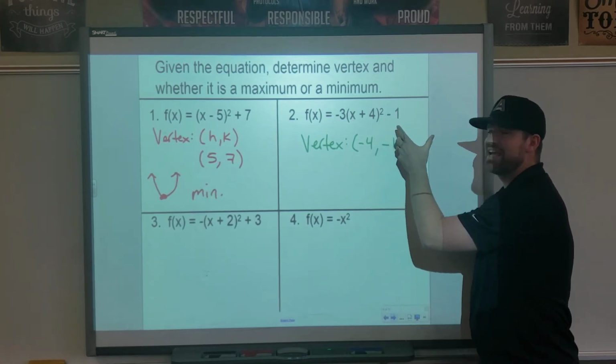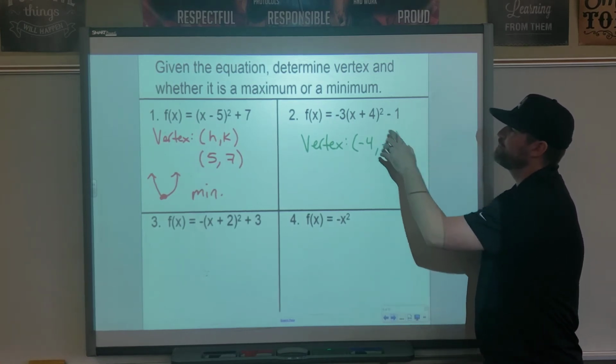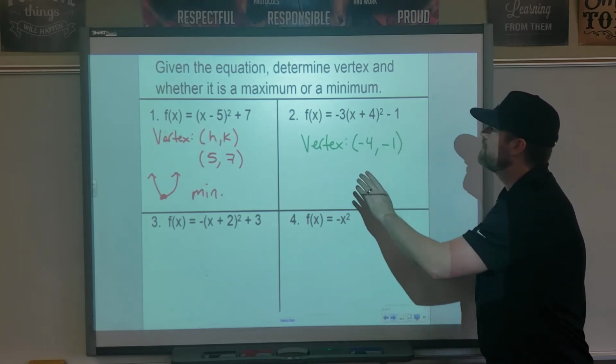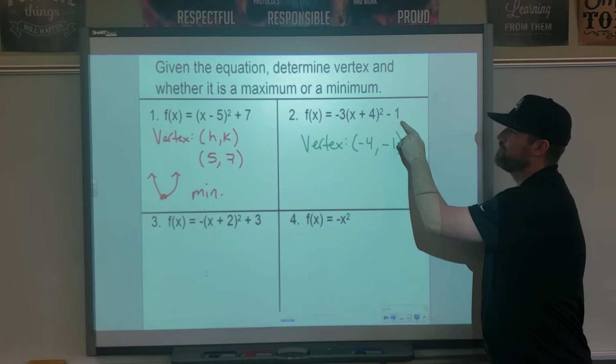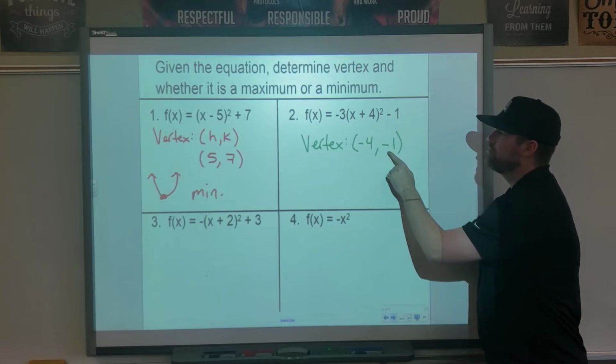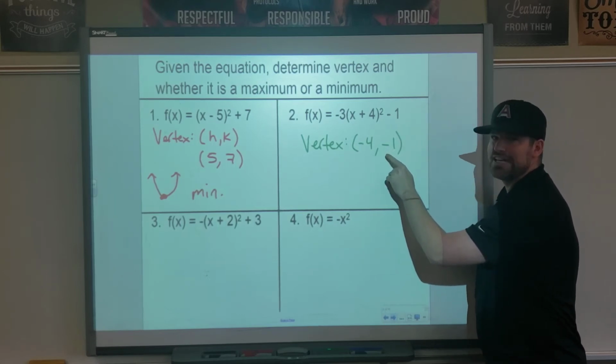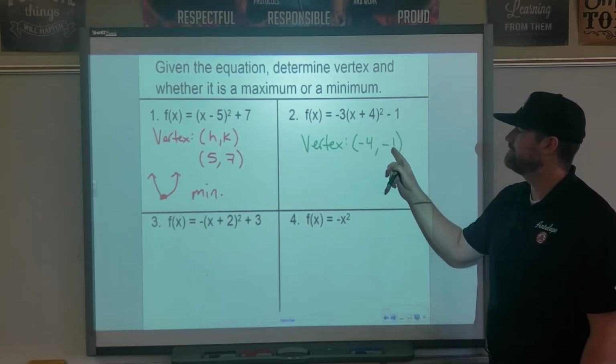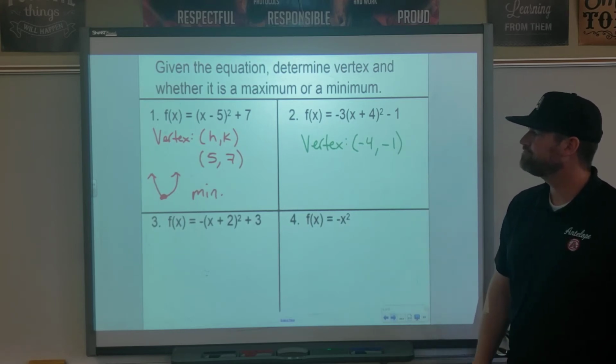Some people think it's the y-intercept. But if we multiply this all out, your c value won't be negative 1. But your k value is negative 1 when we're in vertex form, which is the y-coordinate, not y-intercept, y-coordinate of your vertex. So I know the vertex will be located at (negative 4, negative 1).